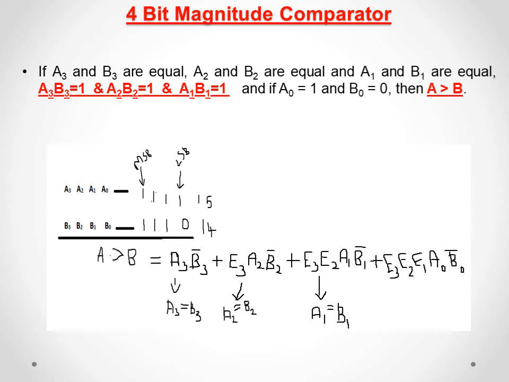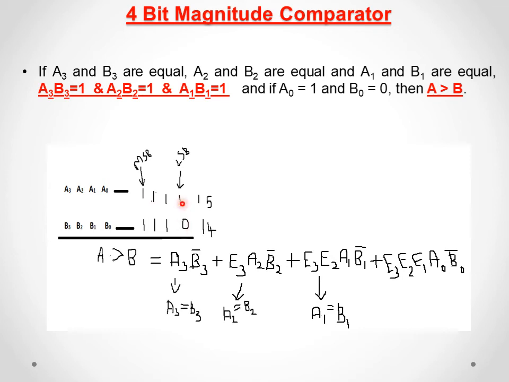Similarly, we compare the A1 and B1 bits. We compare A1 and B1 when A3 is equal to B3 and A2 is equal to B2, and only when A1 is equal to B1 do we compare A0 and B0.